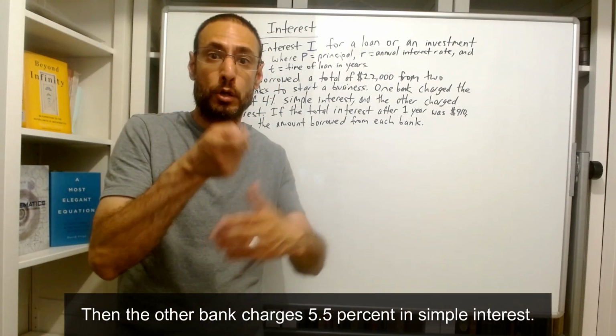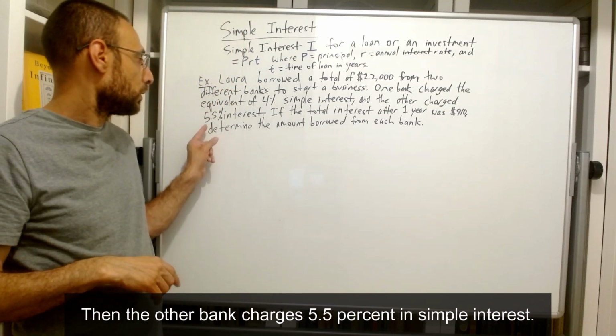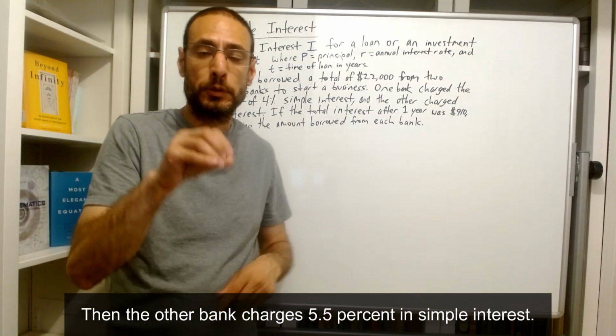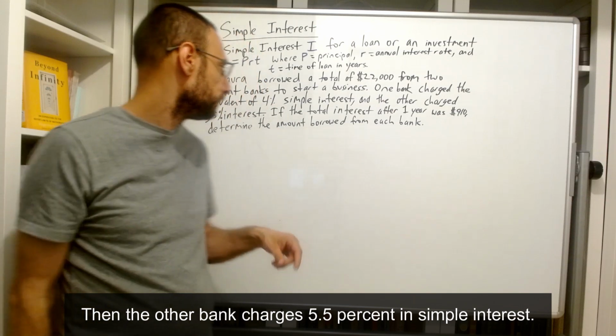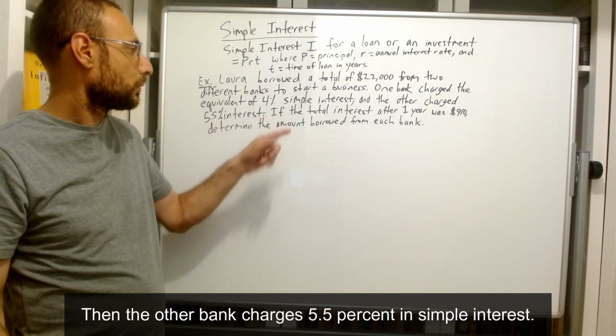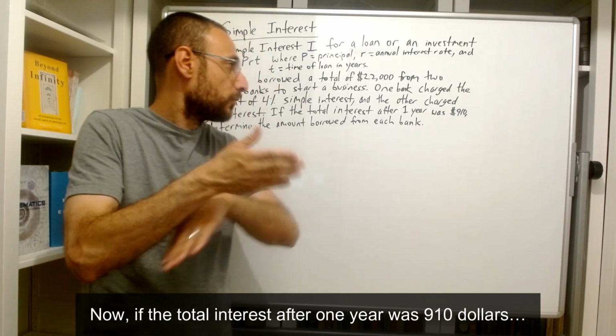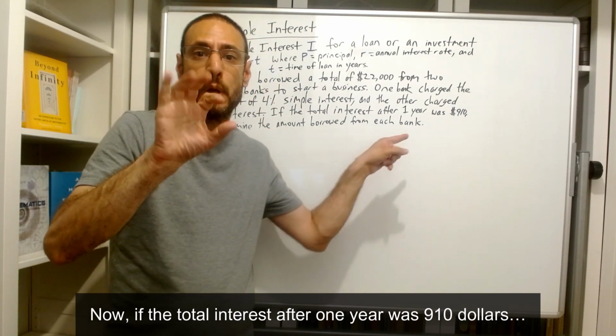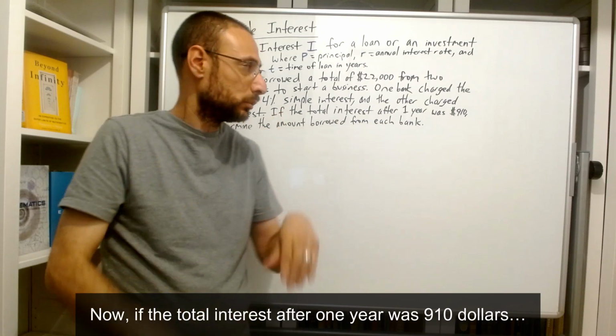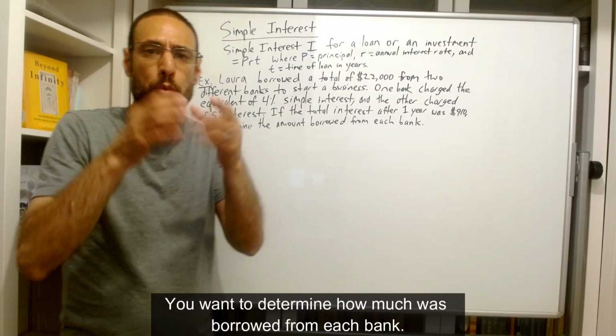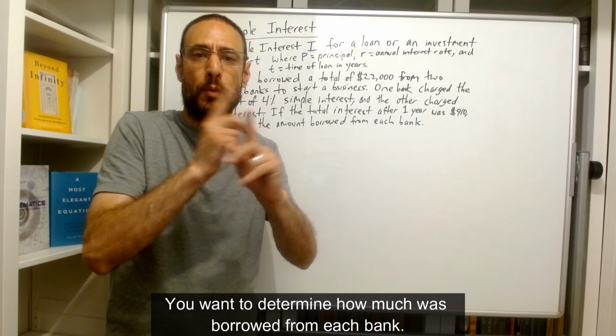Then the other bank charges 5.5% in simple interest. Now, if the total interest after 1 year was $910, you want to determine how much was borrowed from each bank.